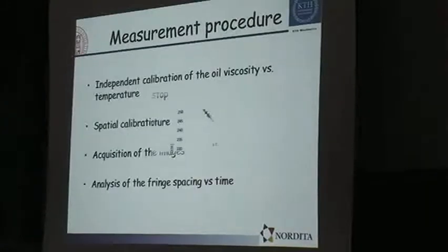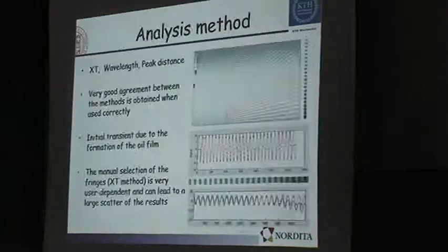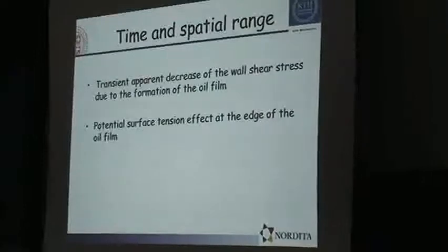In our experience, at the beginning of the development of the film, you have a transient apparent decrease of the wall shear stress, because the oil drop is still developing, so you still don't have a real film. You're still measuring the development of your object. So you have to be very careful with the first part of your data and realize that you have this trend. But you see it clearly with some of these techniques.